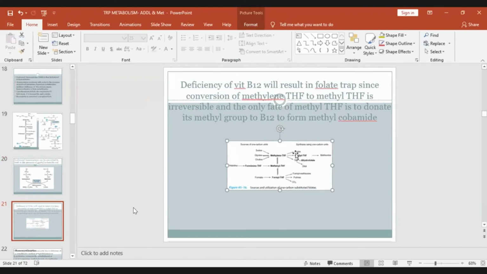Now the only metabolic pathway it can undergo is conversion of homocysteine to methionine in the presence of vitamin B12. If there is vitamin B12 deficiency, then this reaction cannot take place and methyl tetrahydrofolate will be trapped. So deficiency of vitamin B12 causes folate trap. Conversion of methylene tetrahydrofolate to methyl tetrahydrofolate is irreversible, and the only fate of methyl tetrahydrofolate is to donate its methyl group to B12 to form methylcobalamin.